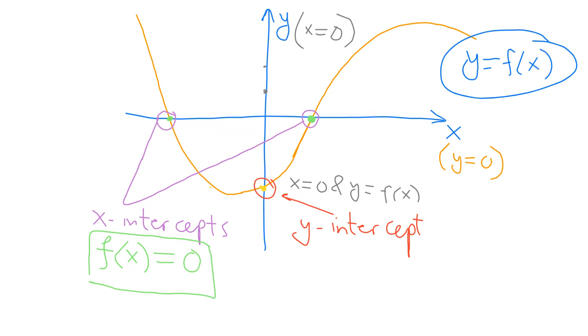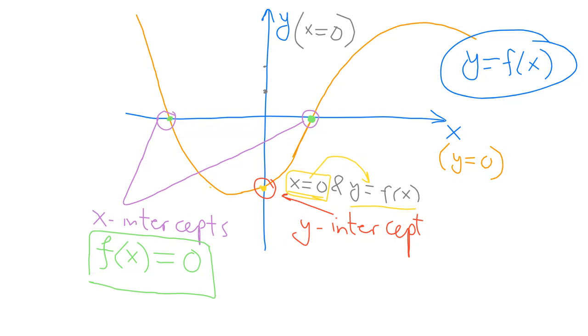Now substitute the first equation into the second equation. What will happen? You just find f of 0. X equals 0, right? Substitute it into this equation. So replace x with 0, right? So you have to find f of 0.